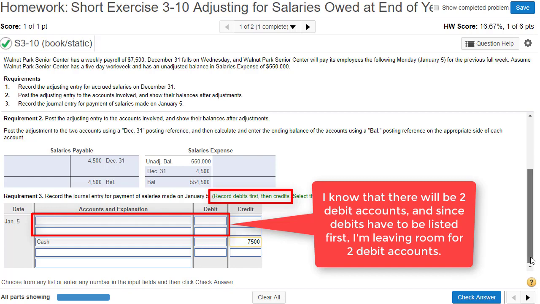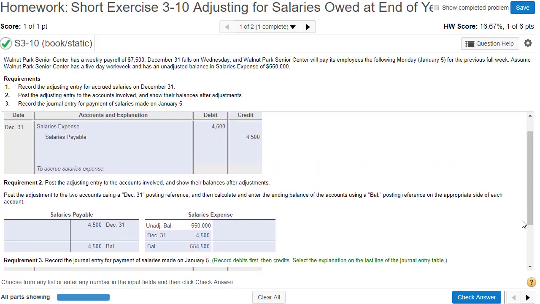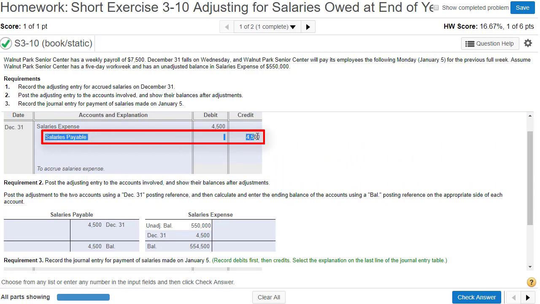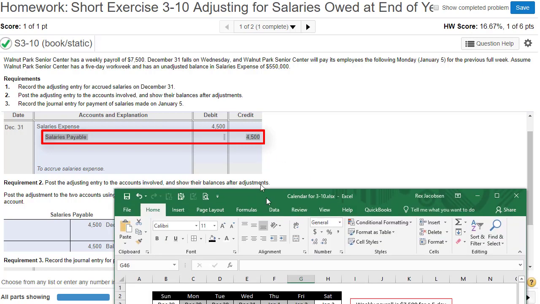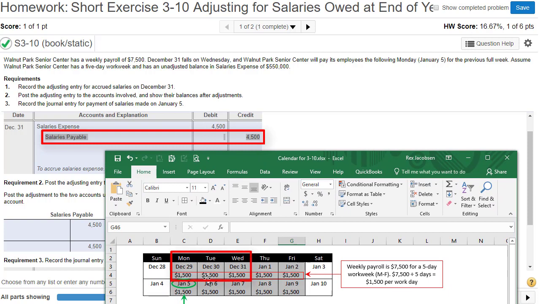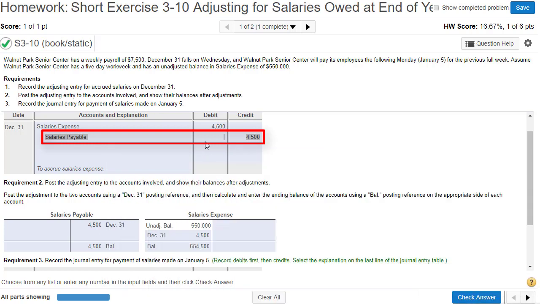Now let's go back up here to salaries payable. On December 31st, we owed our employees $4,500 for the previous 3 days: December 29th, December 30th, December 31st. Now on January 5th, where we're paying for the whole week, do we still owe this $4,500?